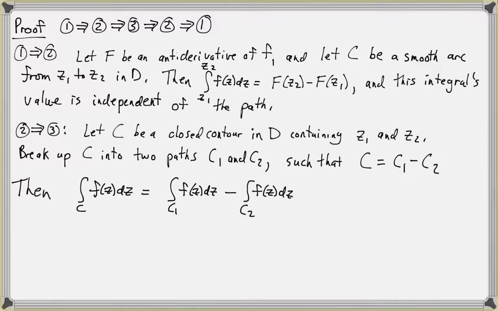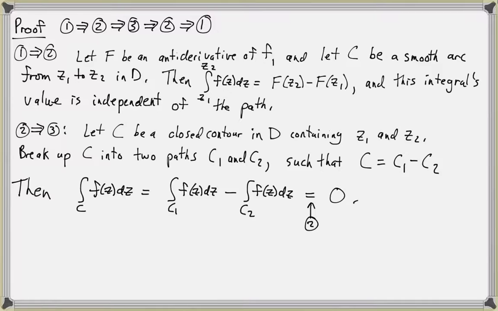But since we're assuming that both of these integrals are equal by statement 2, these integrals are the same, so when we subtract one from the other, we get 0. And that establishes statement 3.